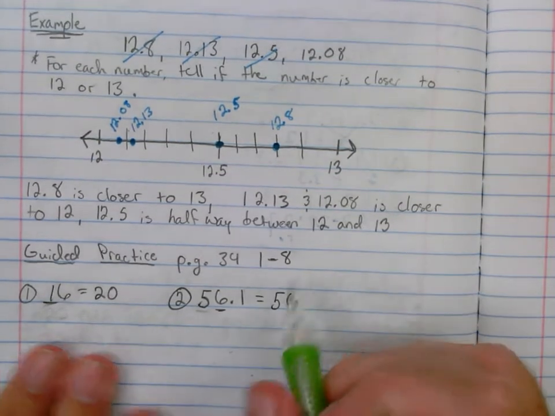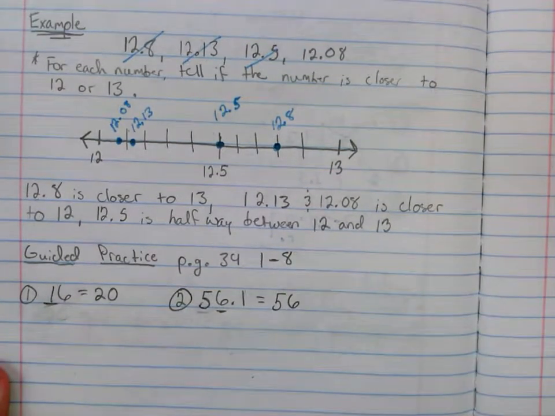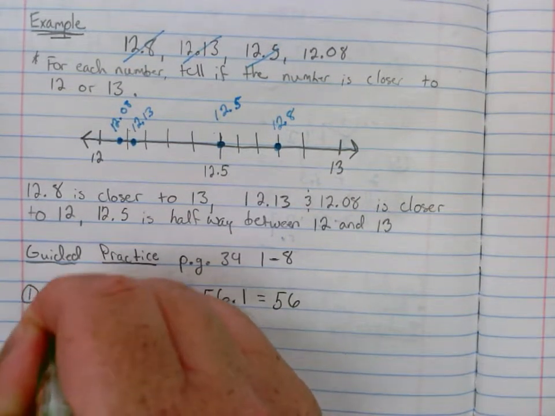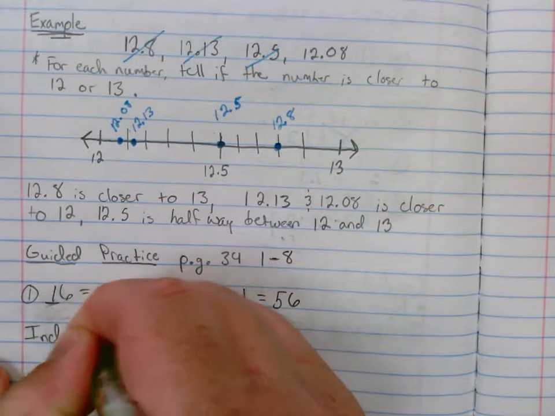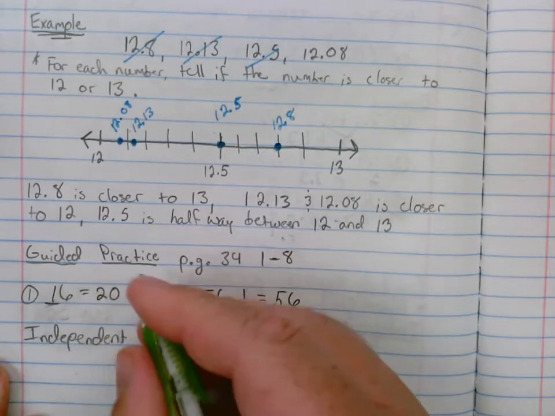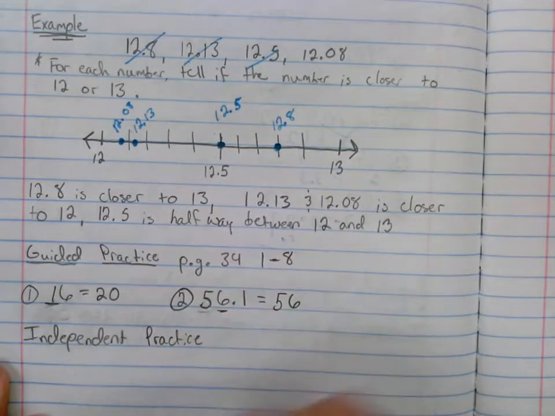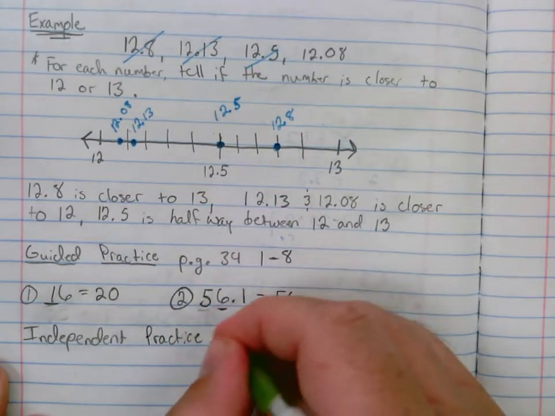Now on your own, you guys need to do 1 through 8. Once you get your guided practice checked, you guys will do independent practice on page 34 and 35.